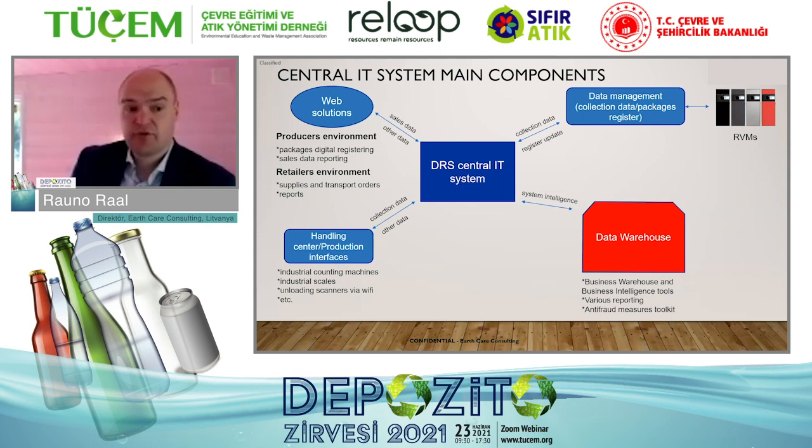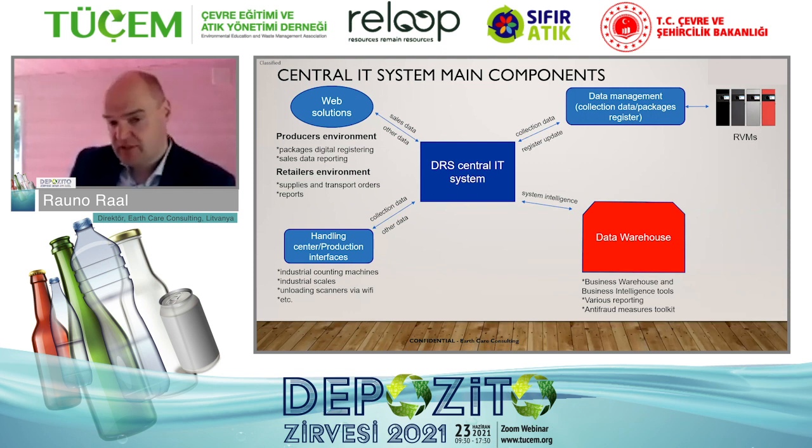For example, producers give their monthly sales data, and retailers make orders regarding supplies, meaning the bags or containers that they use to collect and send all of the collected packages to the warehouses and the handling centers. Then there is everything related to the infrastructure of the handling centers itself, like I already mentioned: industrial counting machines, scales, scanners, etc. This has to be linked and interfaced to the central DRS IT system.